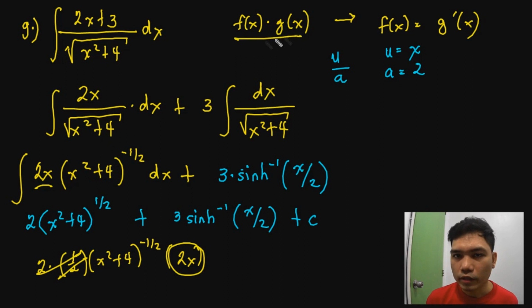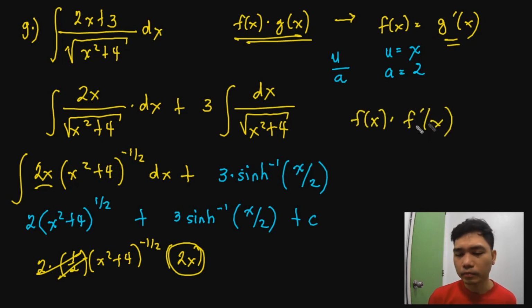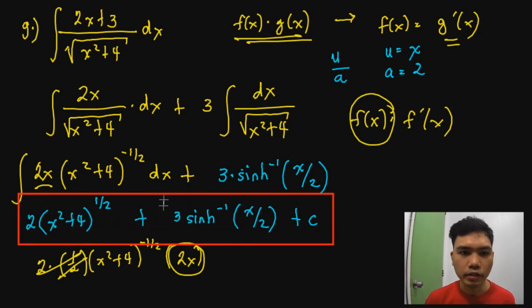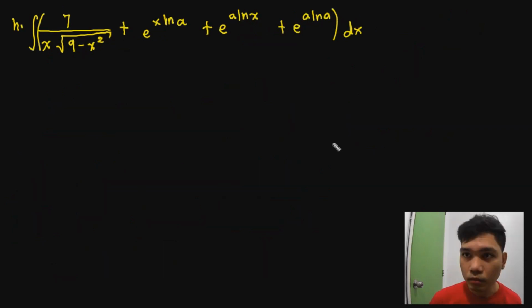If you have this kind of expression wherein f of x is the exact derivative of g of x, you can actually perform integration itself, wherein you just have to consider this f of x. Okay, so this is your final answer for this letter G.